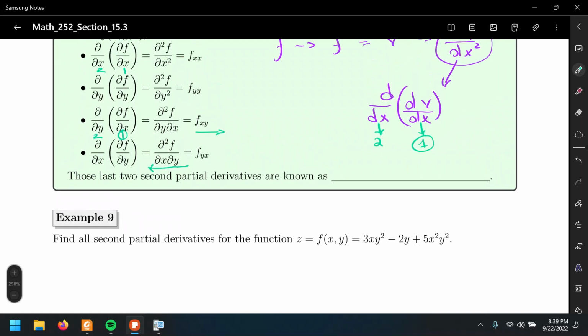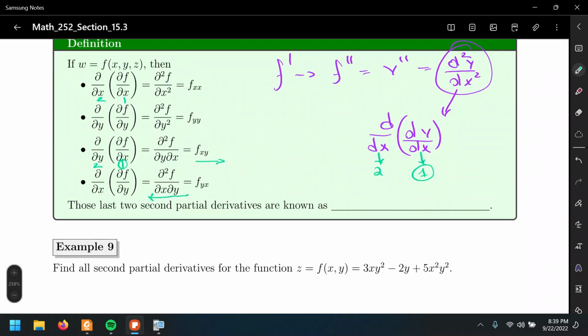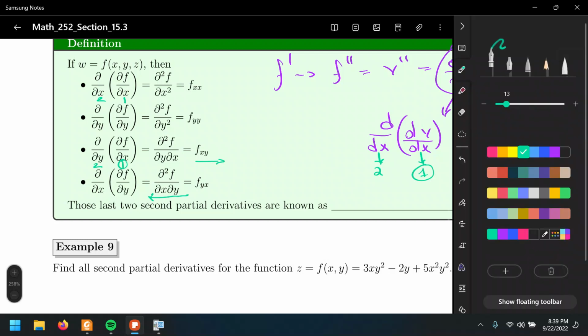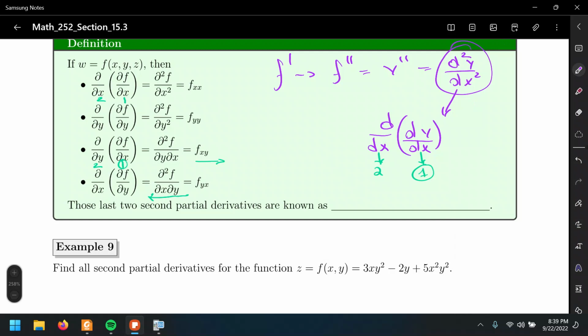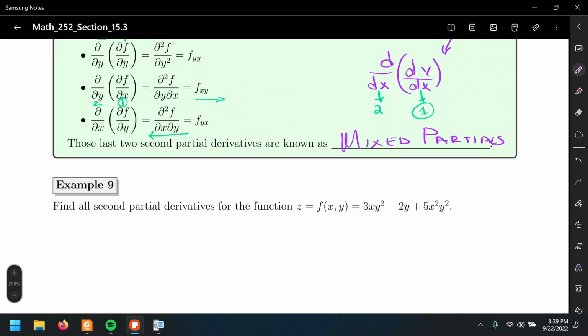The last two second partials are known as, oh yeah, it's very important, I almost forgot about this. Thank you. These two are known as mixed partials. And you will see we will notice a very interesting pattern about this.